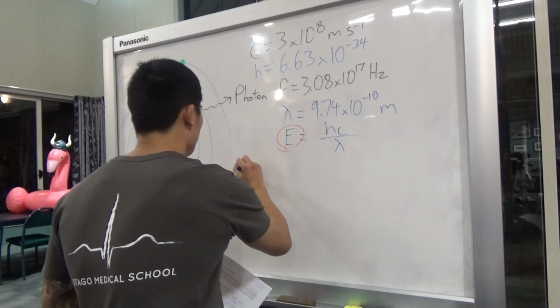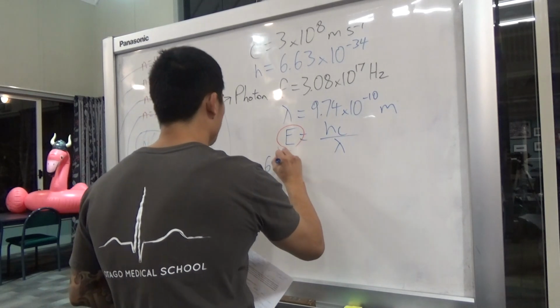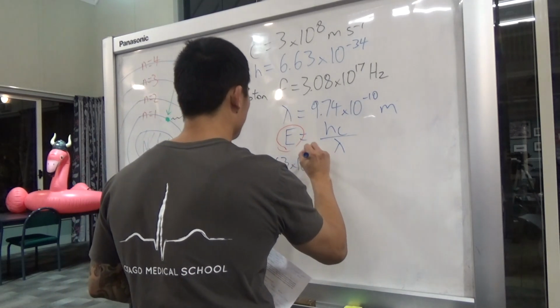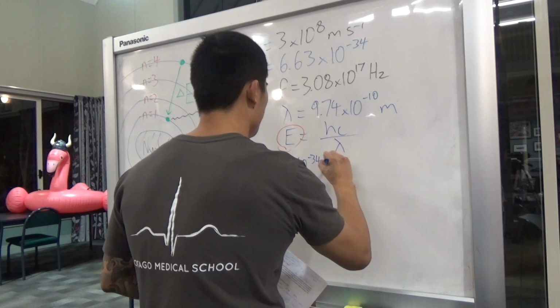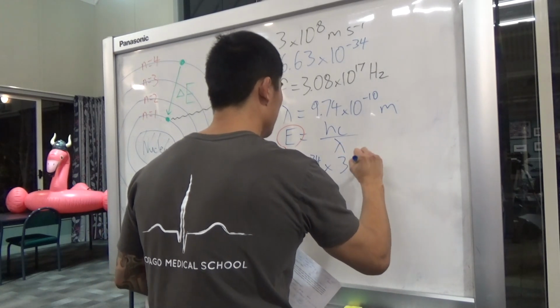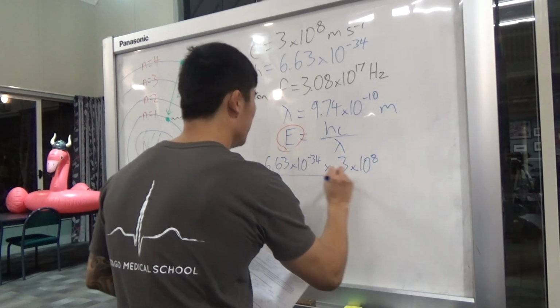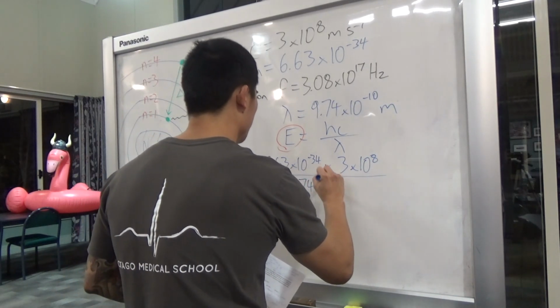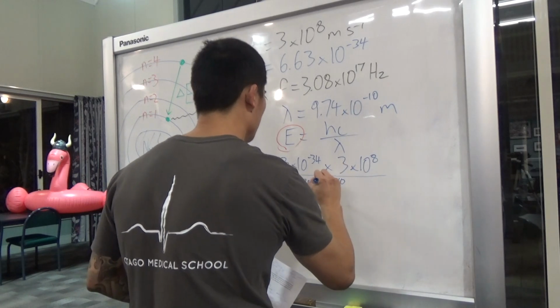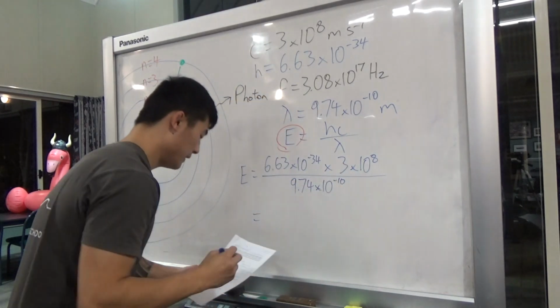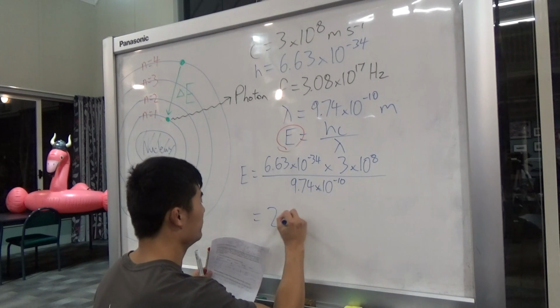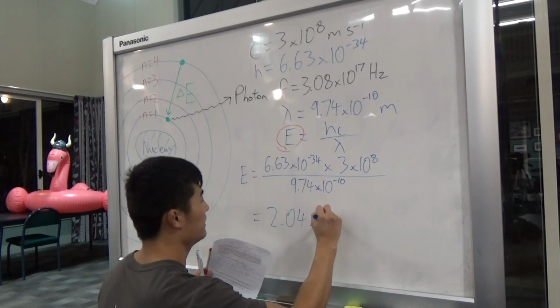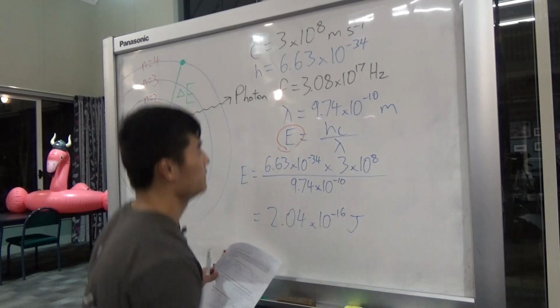So E is equal to 6.63 times 10 to the negative 34 times the speed of light, which is 3 times 10 to the 8, divided by the wavelength, which is 9.74 times 10 to the negative 10. And that should give you the same answer of 2.04 times 10 to the negative 16 joules.